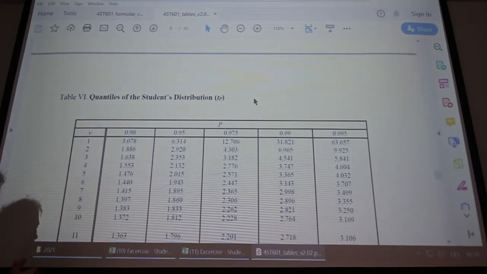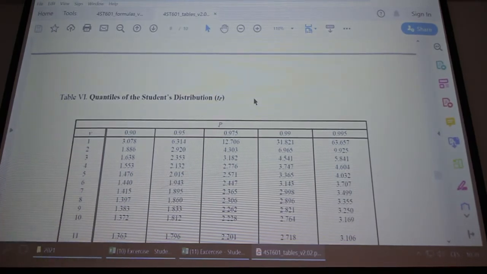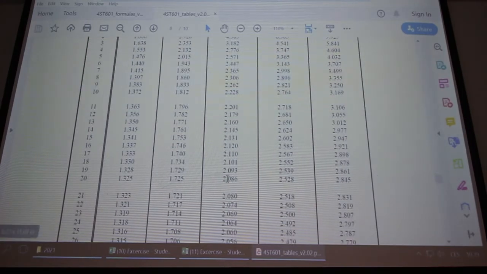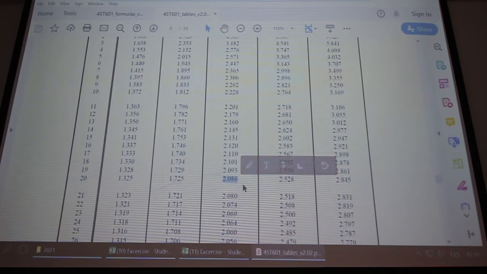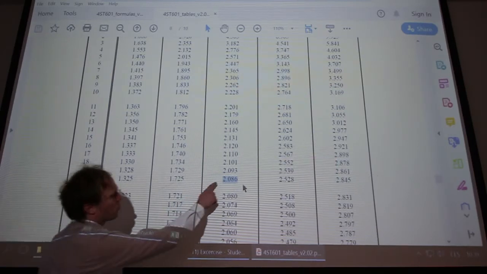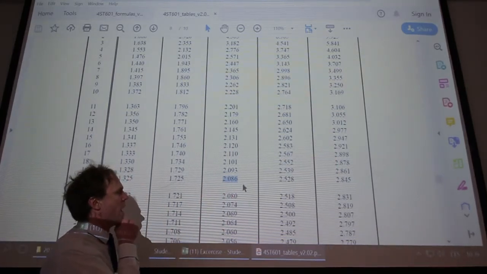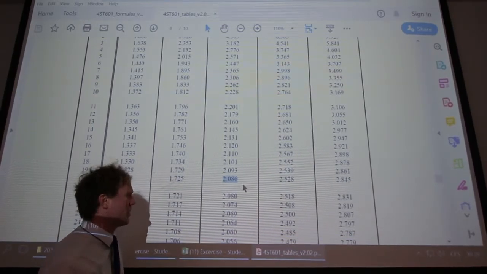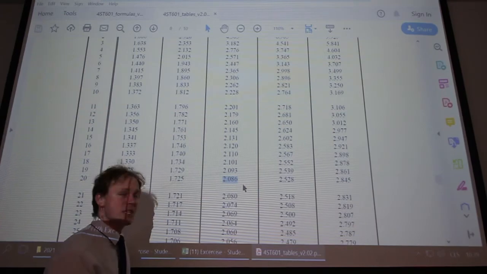And we need 20 degrees of freedom and the column in the middle. So please find critical value 2.086. Yeah, so I will write this value on the whiteboard and we will decide.